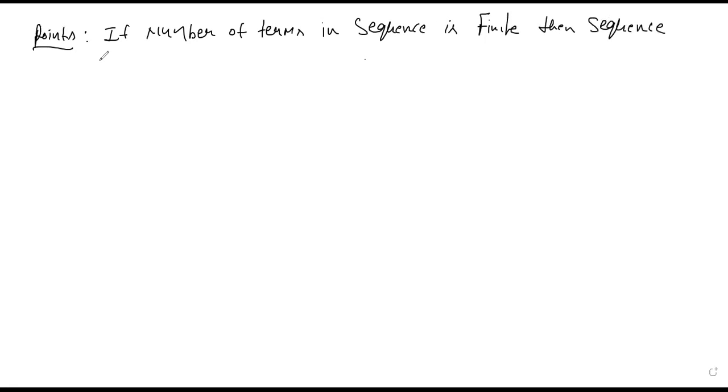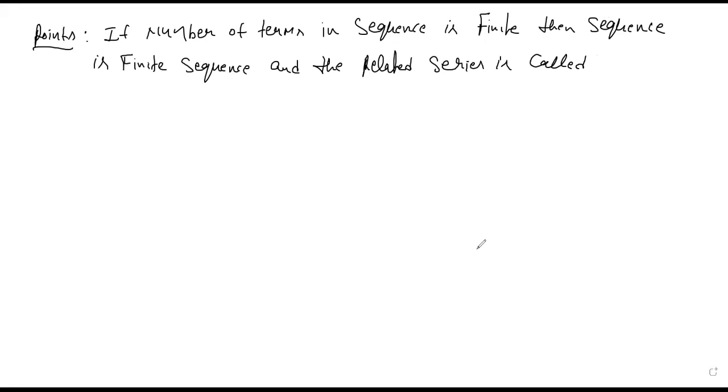So this is the second part of the lecture, sequence and series. Some important points: if the number of terms in a sequence is finite, then the sequence is a finite sequence, and the related series is also called a finite series.